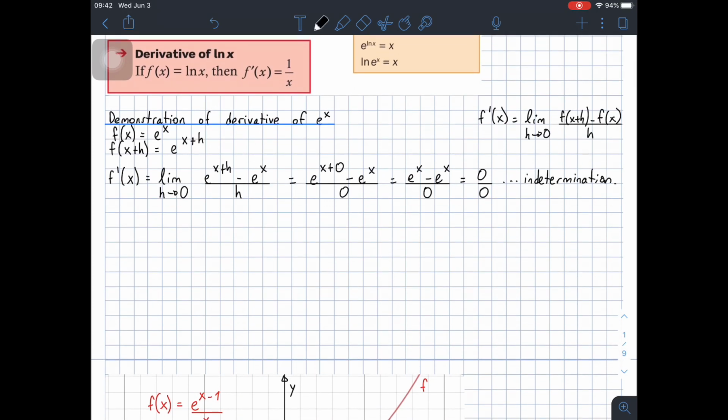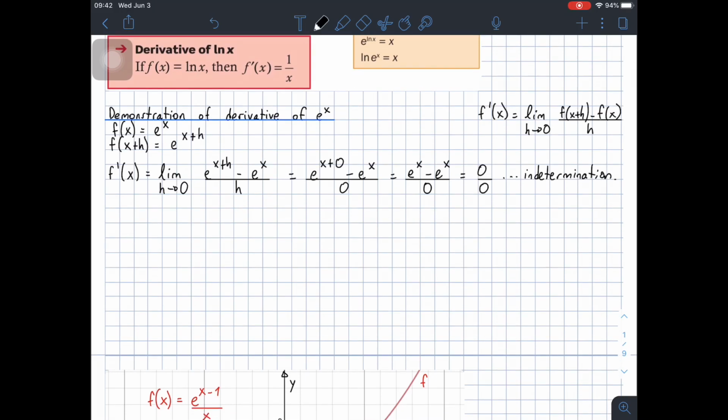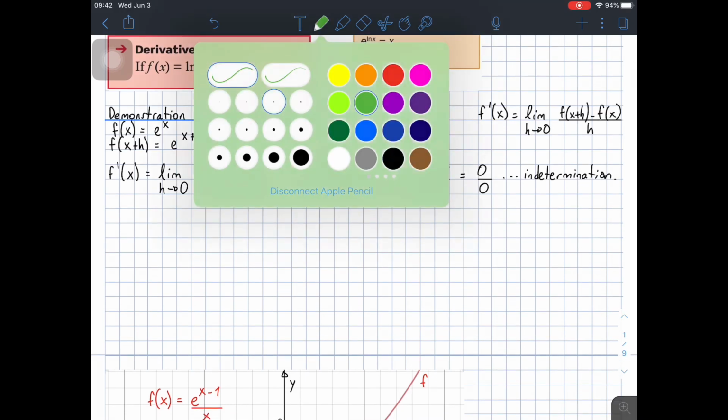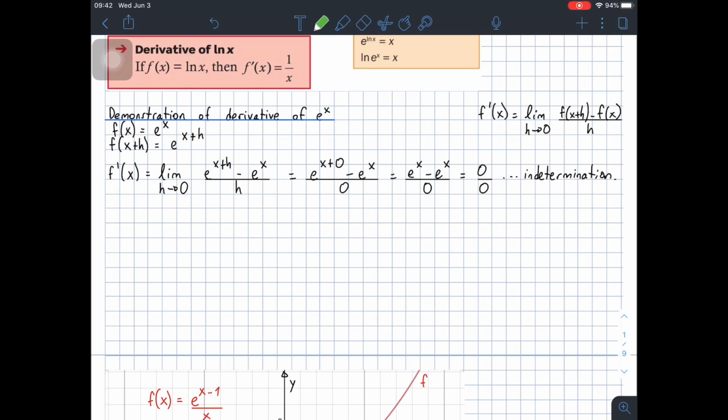If you remember from the properties of exponents, let me write that here. Properties of exponents.